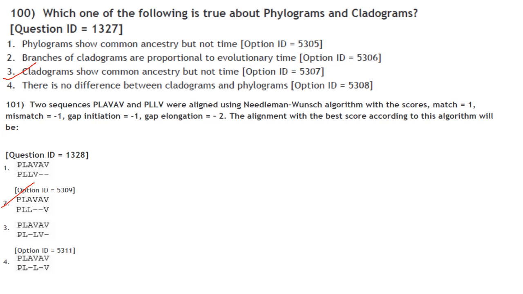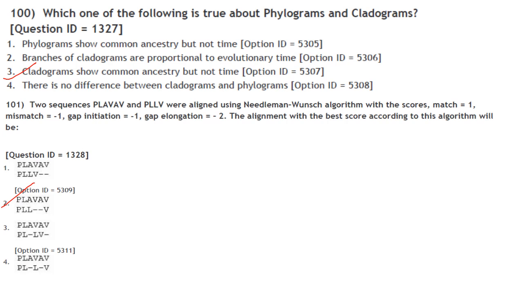So phylograms show common ancestry but not time? They show time also. Branches of cladograms are proportional to the evolutionary time? It is not cladograms but phylograms, whose branches are proportional to evolutionary time. Cladograms show common ancestry but not time. That is correct. There is no difference between cladograms and phylograms? There is a difference between cladograms and phylograms. Then next one.